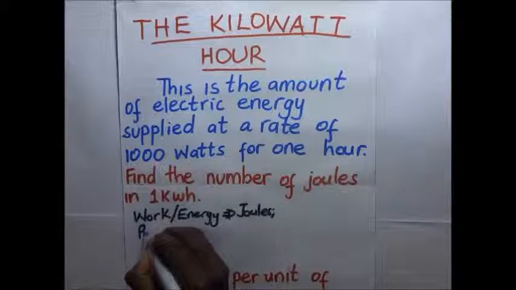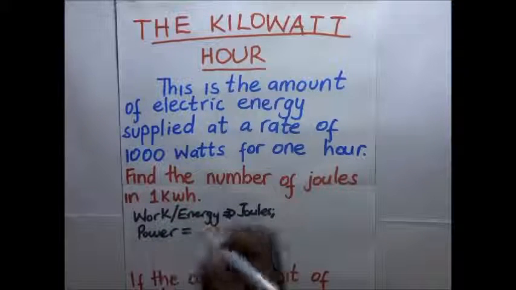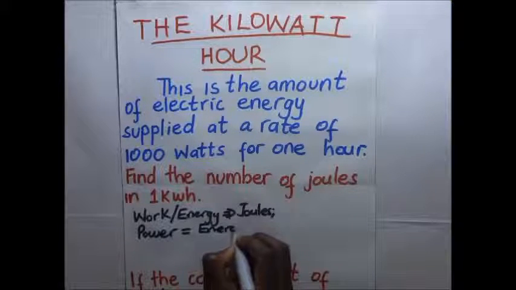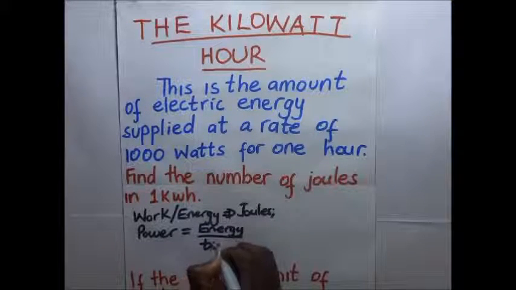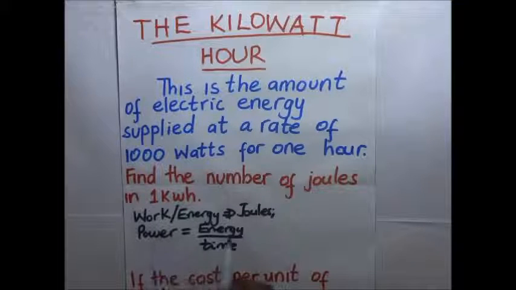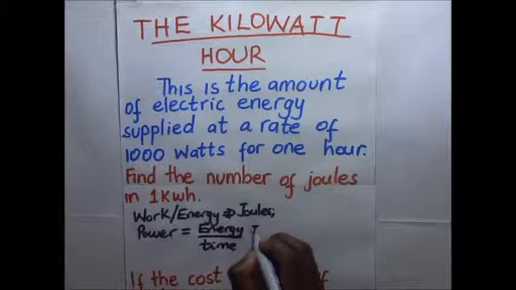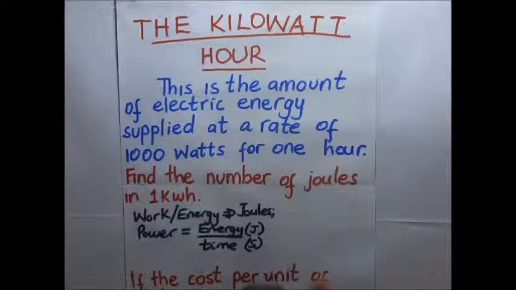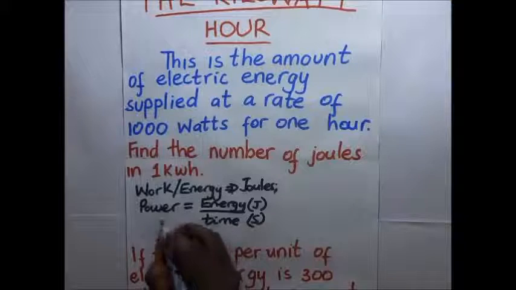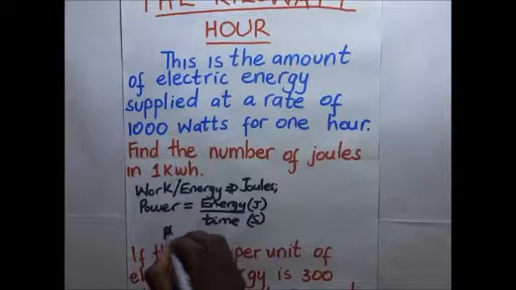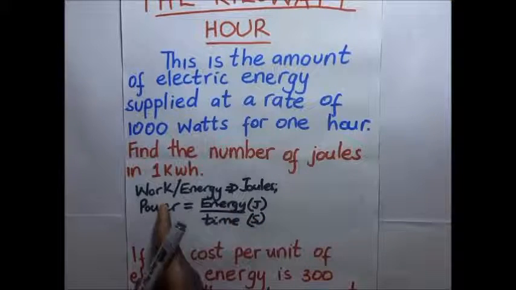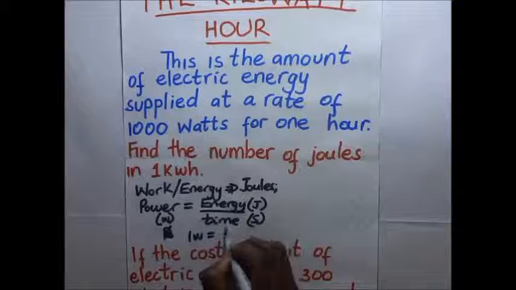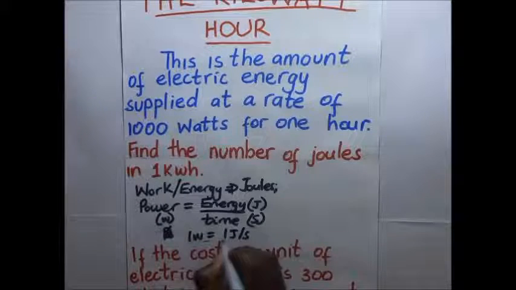So power is going to be equal to energy over time. Power being energy over time means that energy is in joules and time is in seconds. So power is measured in watts, and 1 watt is going to be equal to 1 joule per second.